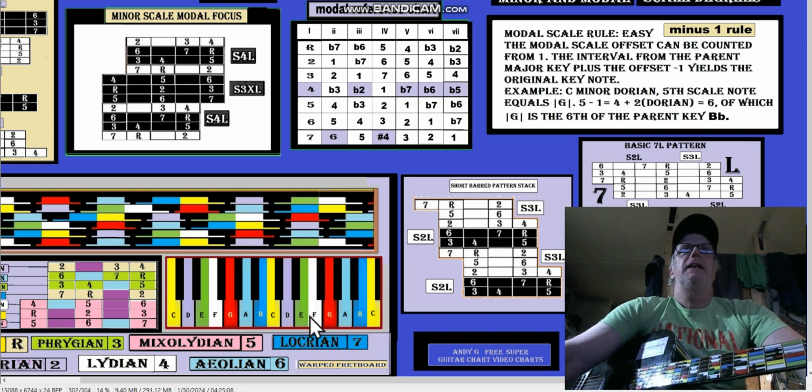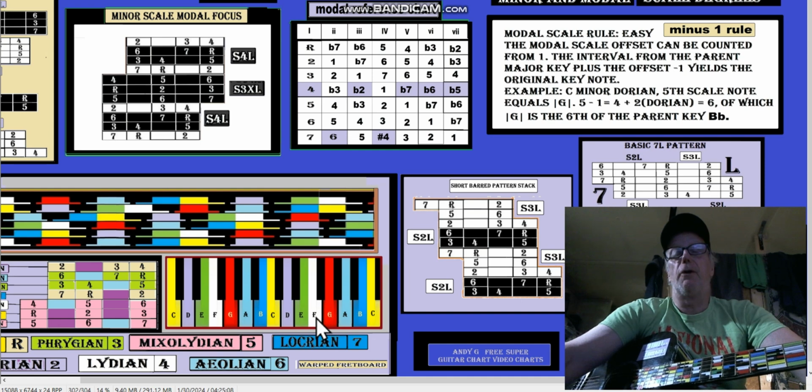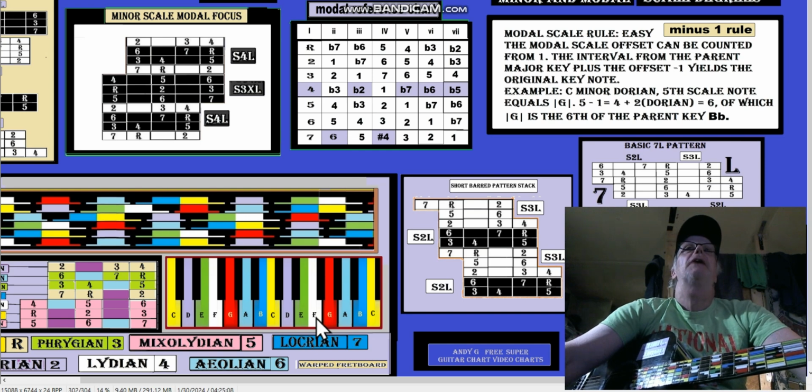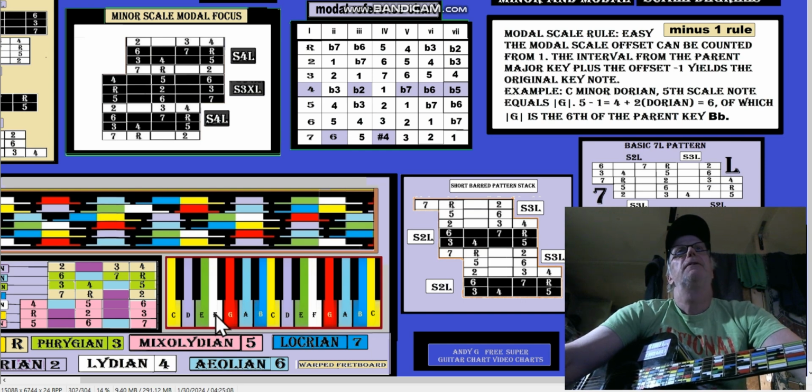So if we're in the key of B flat and we want to play an F Lydian, that means an F within the key of B flat. Actually it's the 5th, sorry. So here's the 5th. We're up here playing B flat, and we're going to hit the F7.